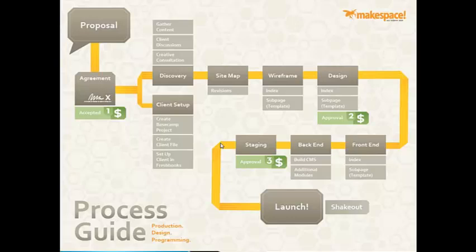Then after they get that information, they create a sitemap and a wireframe. They have to get approval from the client, then to design the pages. Then they get final approval there, and then they create the front end and the back end pages, and then a third approval to launch the site out.